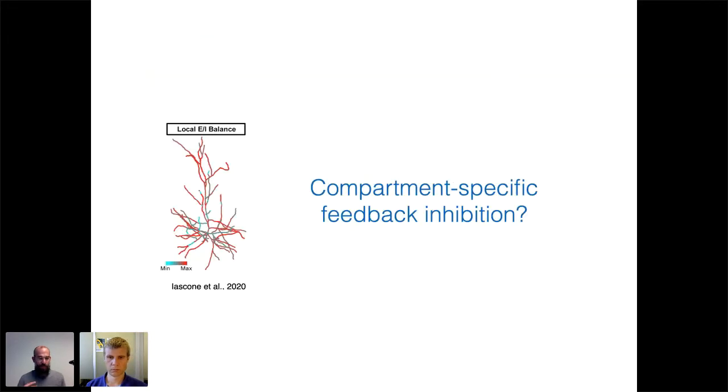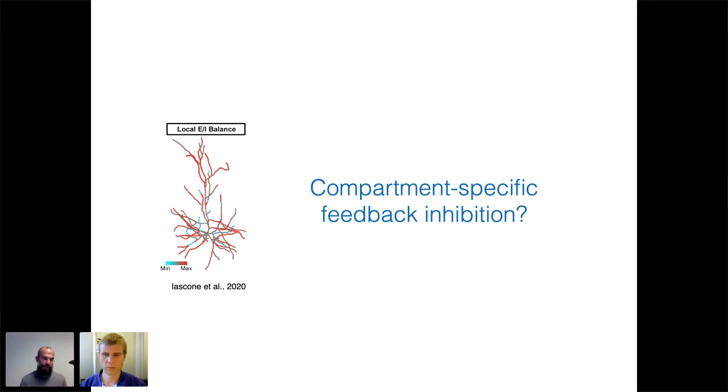Okay, so the starting point here is, as I said, this idea that excitation and inhibition could be correlated in space, in time, in all sorts of dimensions. And the dimension that I will focus on here is the extent of the neuron. As you know, these neurons are quite complicated structures morphologically.